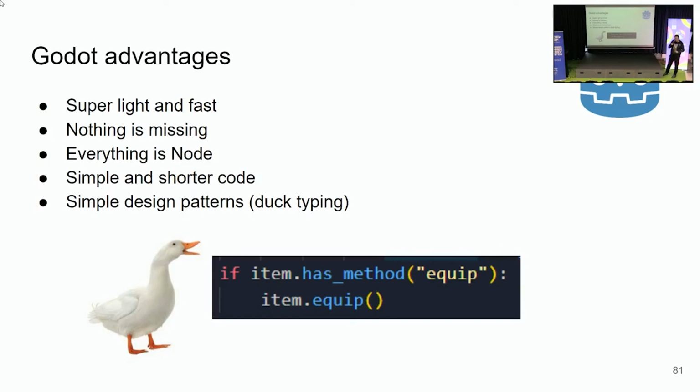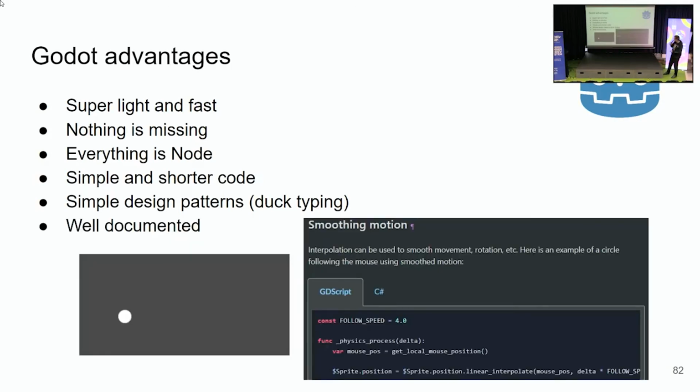It's possible to adjust for the well-known design patterns, but it's not really relevant because in Godot you should use duck typing. Everything is a duck. So if it quacks like a duck, then just call the quack method and it goes. It's super simple actually. It takes off all the complex design patterns that you would otherwise build.